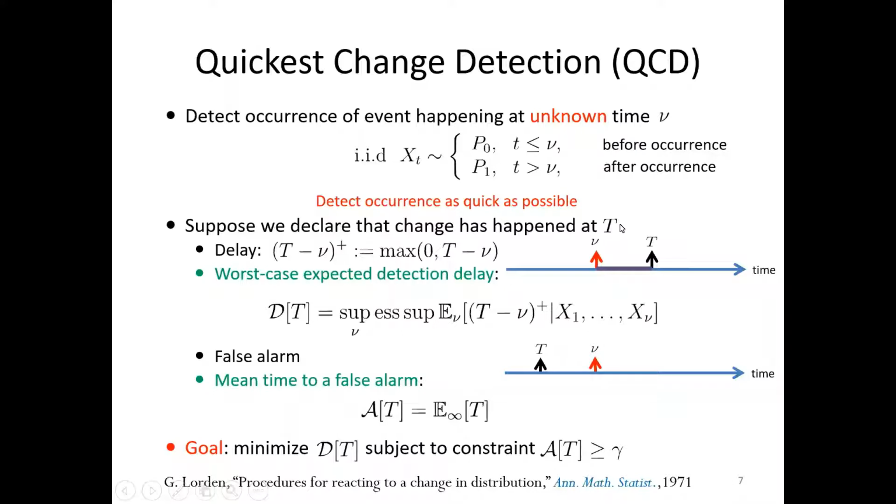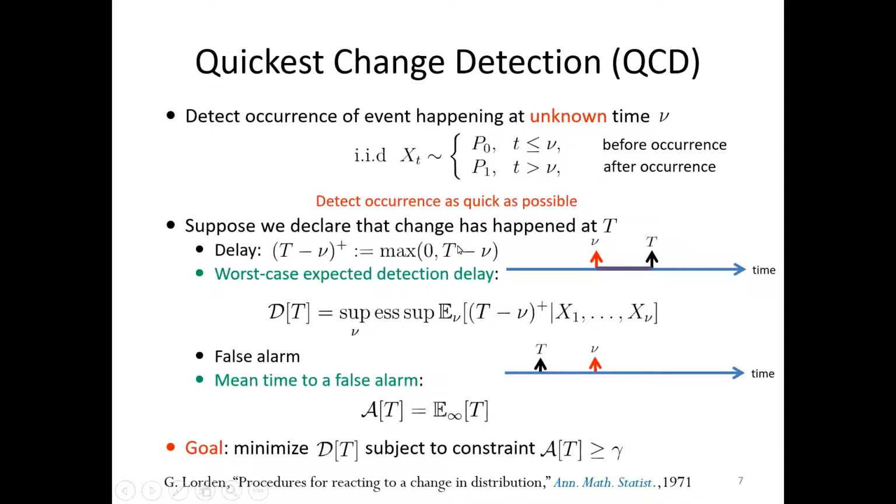Suppose we declare that the change has already happened at the time t. Then again there are two events associated with this t. The first one is called the delay. If your t here is after v, then we define the delay to be t minus v. If your t is before v, then our delay is set to be 0. That's why I have the plus sign here: we take the maximum between 0 and t minus v.